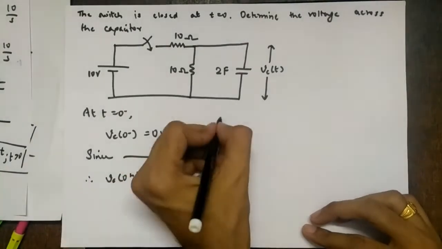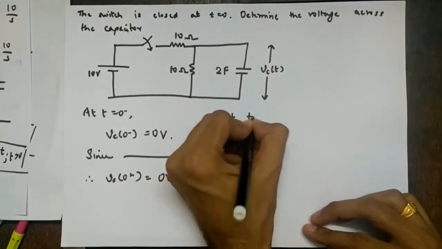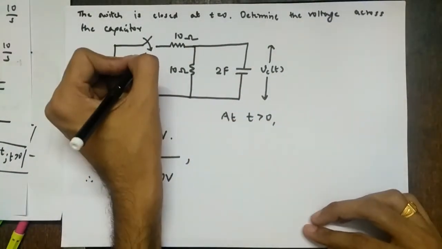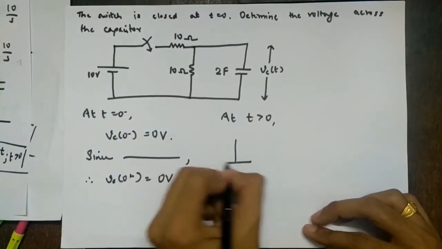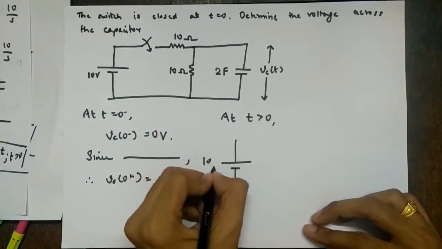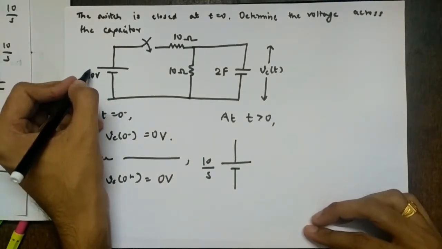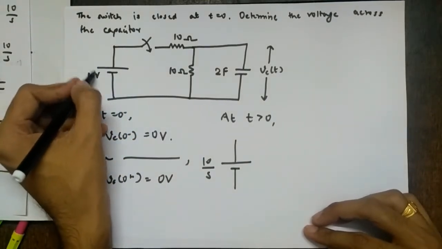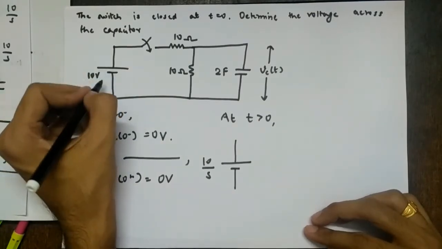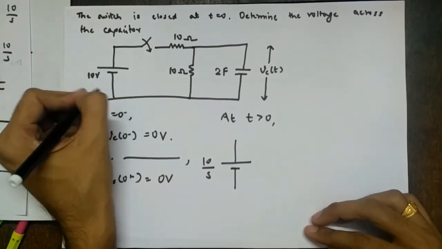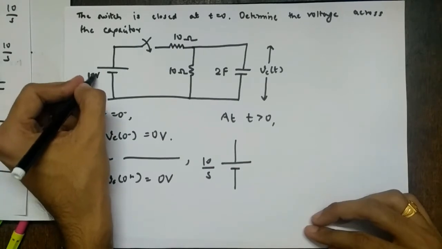So then what you will say? At t greater than 0, switch will be closed, right? So 10 will become 10 by s, remember. So voltage source always becomes, in Laplace domain, the value of the voltage into its Laplace transform, which is 1 by s. So you can think of it, it is 10 into 1.